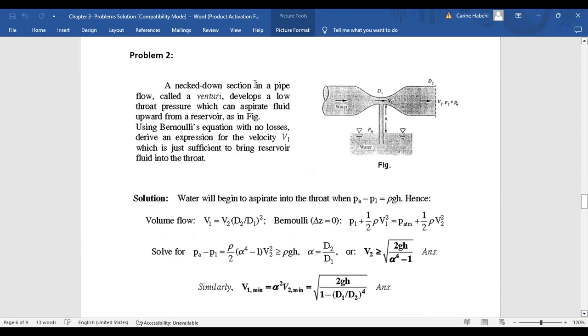What is the idea? You know always that a fluid tends to go from high pressure to low pressure, okay? So the idea here is by creating a certain pressure drop between this point and this one, the water here will go upward, okay?